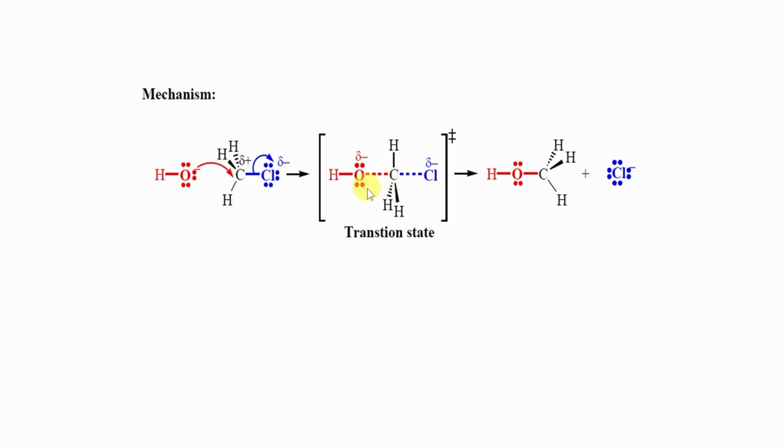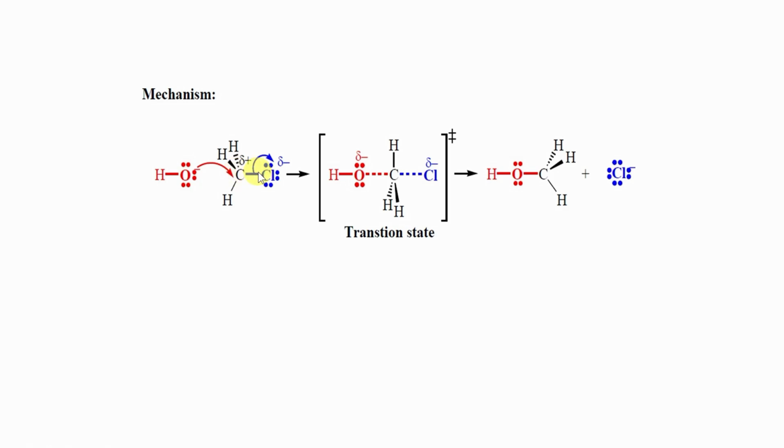That is the transition state of SN2 reaction. For example, here when the nucleophile OH negative attacks the substrate molecule methyl chloride, this carbon atom of the methyl group is electron deficient, and this nucleophile attacks the electron deficient carbon atom.